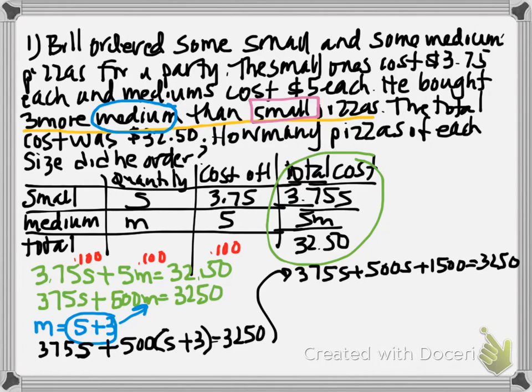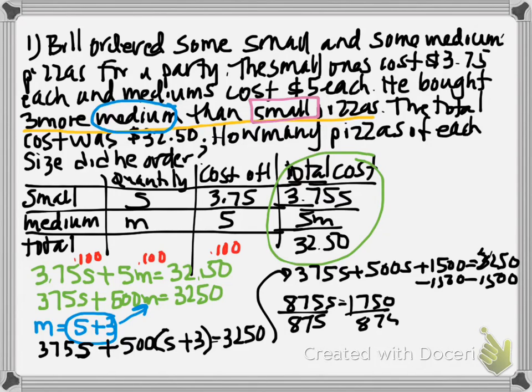Now we're going to subtract 1,500 from both sides and combine like terms. So I get 875s equals 1750. Divide both sides by 875. And that actually goes exactly in 2 times.